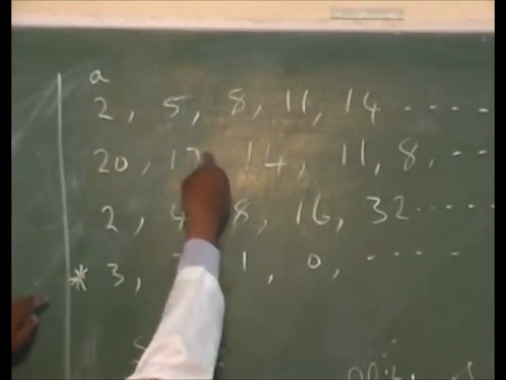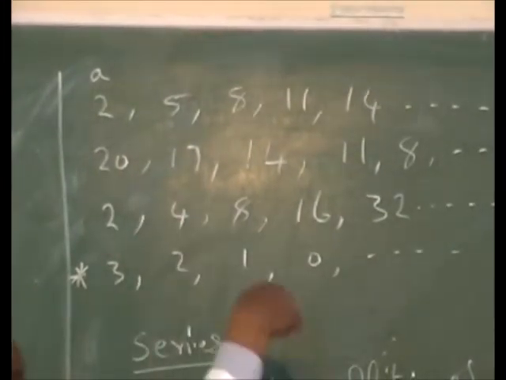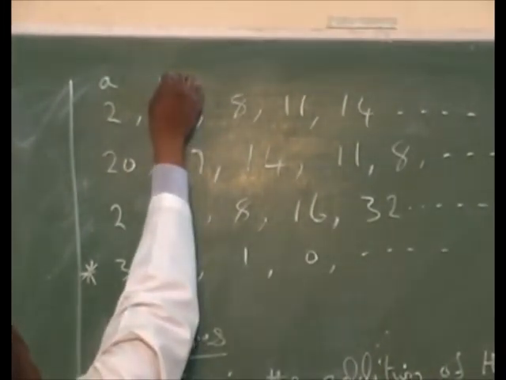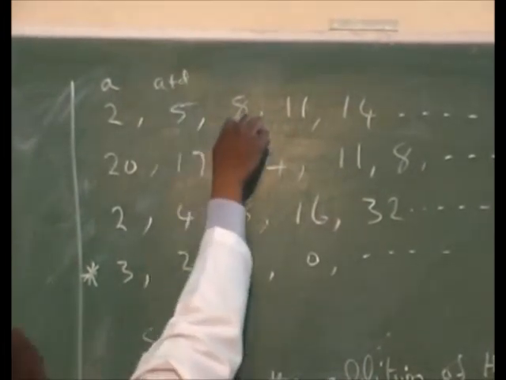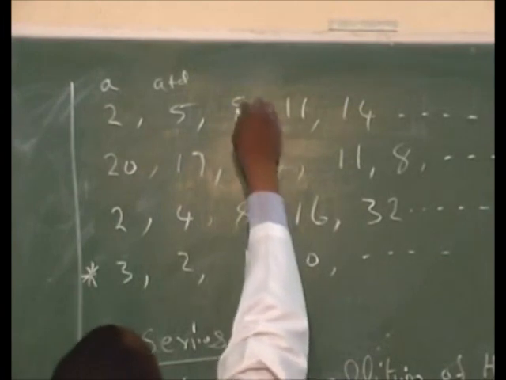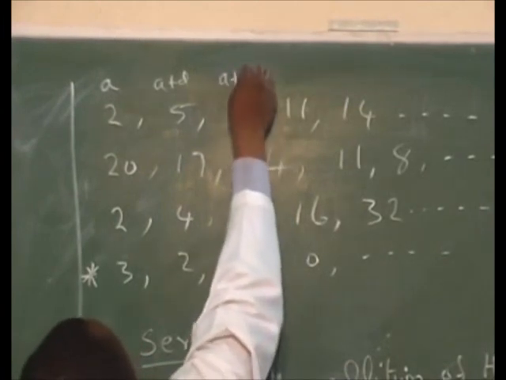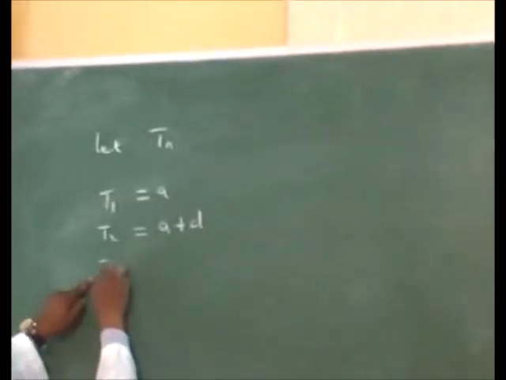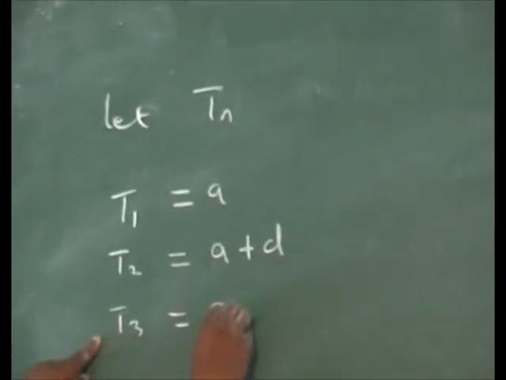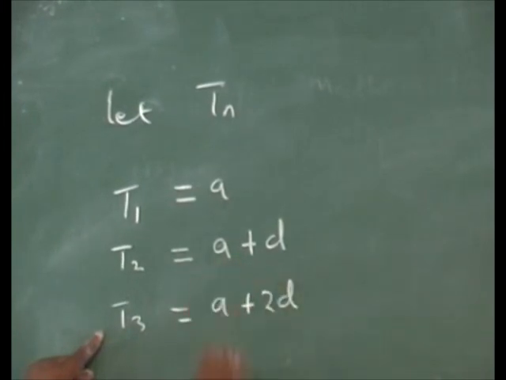It will be A plus D, that is plus the common difference. Now the third term will be A plus 2D.